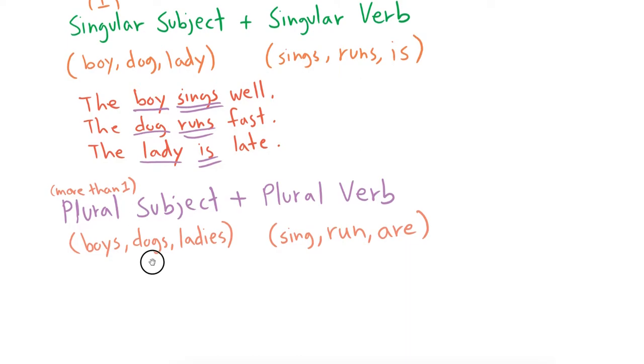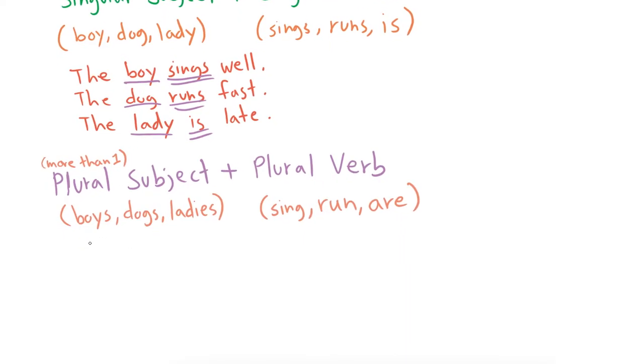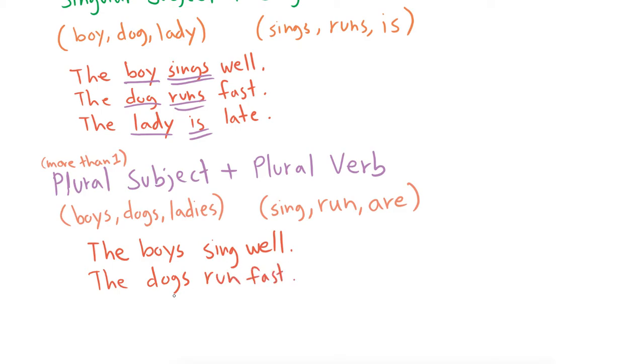Let's do the same thing with plural. So let's switch it up. Instead of singular, let's talk about more than one. All right. So plural. The boys sing well, and the dogs run fast, or the ladies are late.